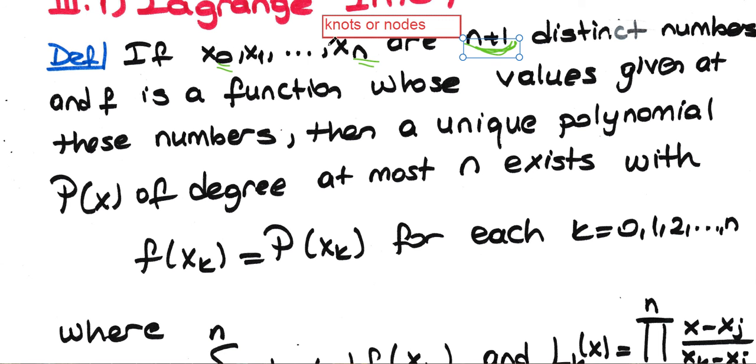Starting with 0 and getting up to n means that the experiment is repeated n plus 1 times. And of course we are talking about distinct points.